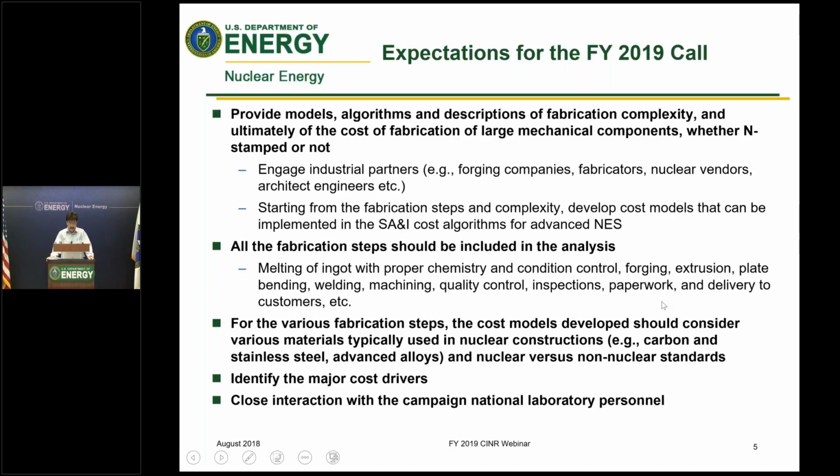And the final point I want to make on this slide is that we expect that the PI and his team will work closely with the campaign national laboratory personnel to build on the work that's already done, to get the information, and also to make sure that the work being done as a result of this call is well integrated into the work products and the tools that we have. So that's all I have on this particular one.